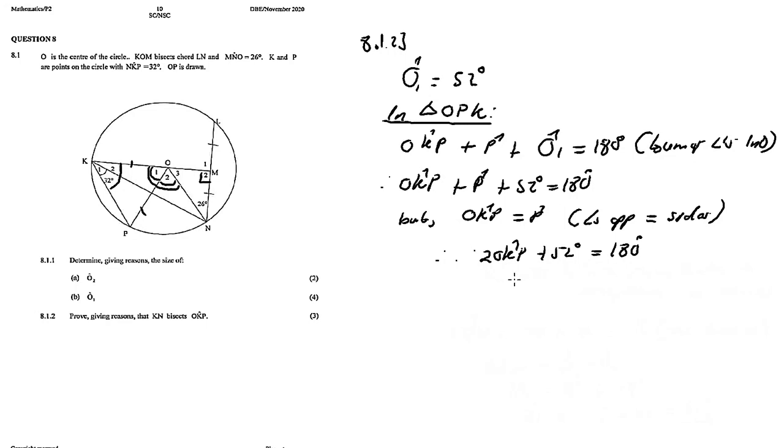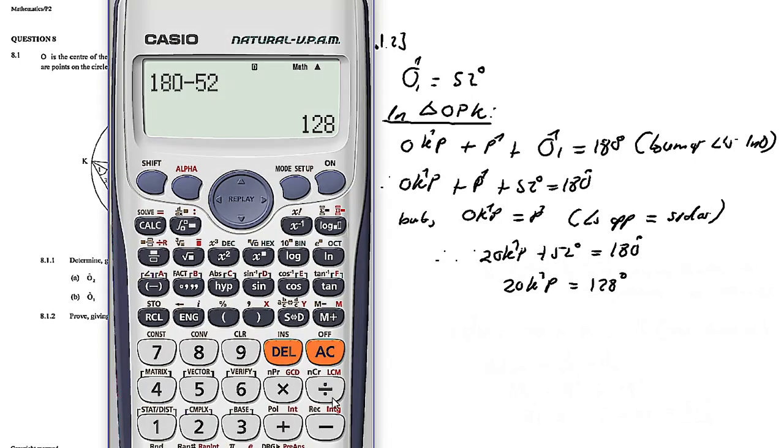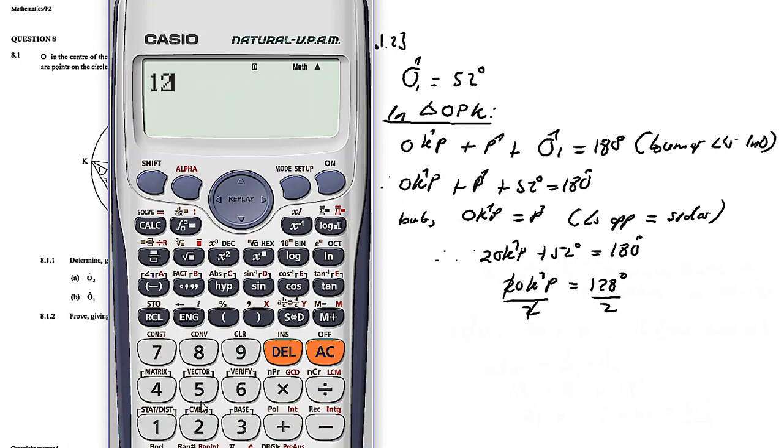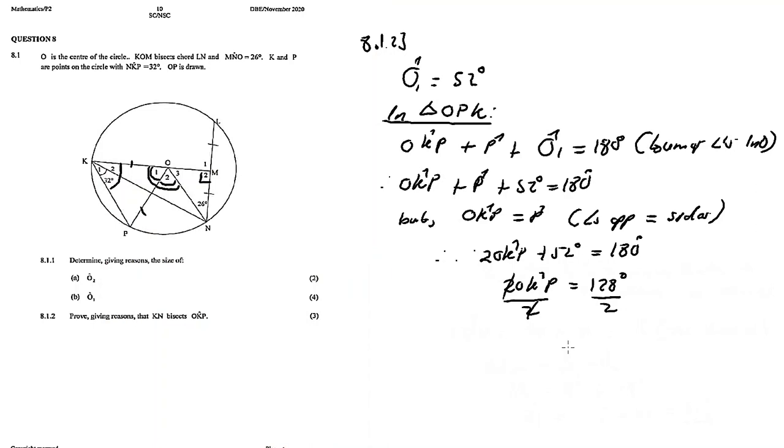Then 2 OKP is equal to 180 minus 52, which is 128. 128 divided by 2 gives 64. Voila, OKP is equal to 64 degrees.